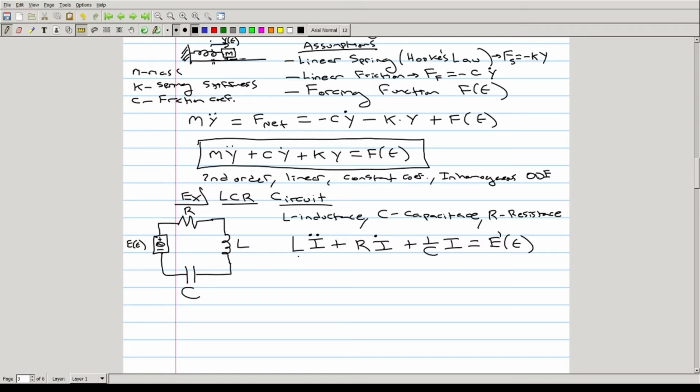And I always thought that it's remarkable that this is essentially the same second order linear constant coefficient differential equation as obtained for the mass spring system.